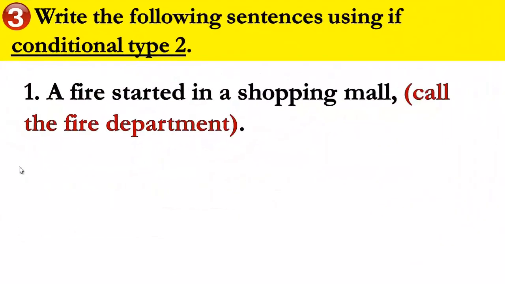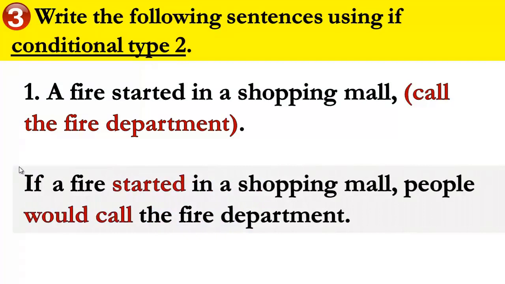Number 1, a fire started in a shopping mall. Between brackets, call the fire department. So I'm going to use if here. So the answer should be, if a fire started in a shopping mall, people would call the fire department. Okay?